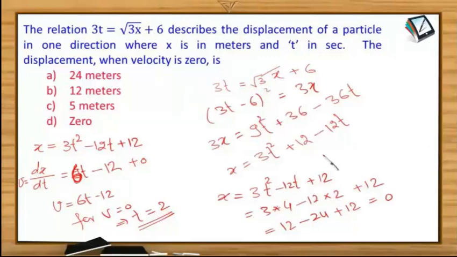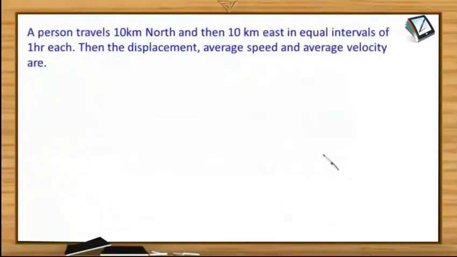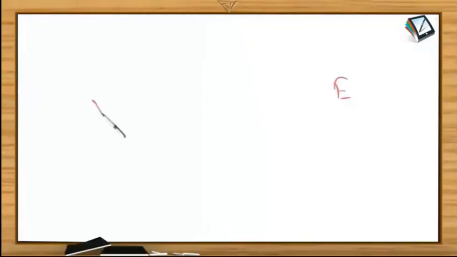Alright, so let's move on to the next question. Here a person travels 10 km north, then 10 km east in equal intervals of 1 hour each. Then find the displacement, average speed and average velocity. It's quite a simple question that you can solve on your own. So let's assume east, west, north and south.